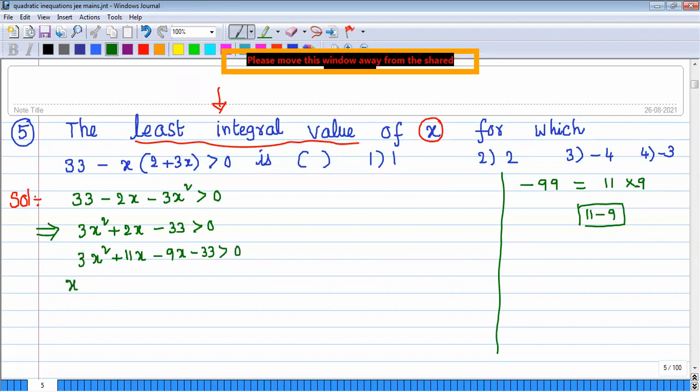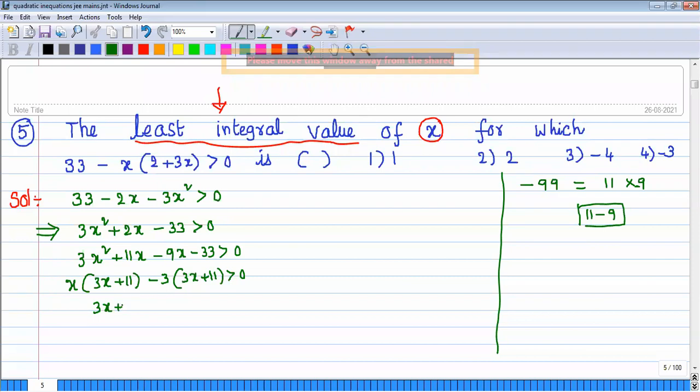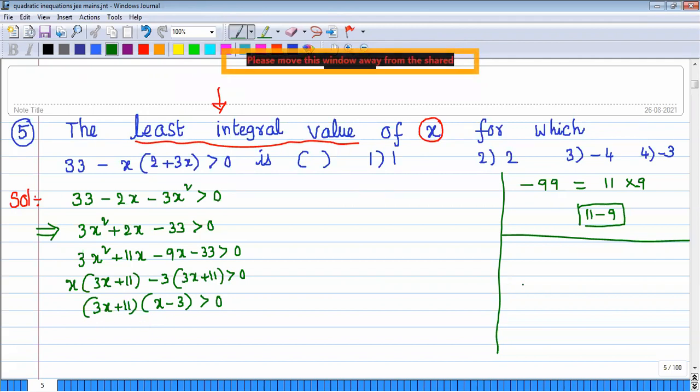Take x common out, we have 3x plus 11, minus 3 common out, we have 3x plus 11. So 3x plus 11 times x minus 3 greater than 0. Now the roots of the corresponding quadratic equation are x equal to minus 11 upon 3 and plus 3.